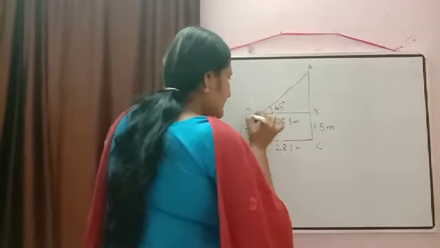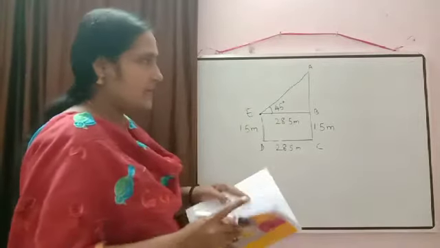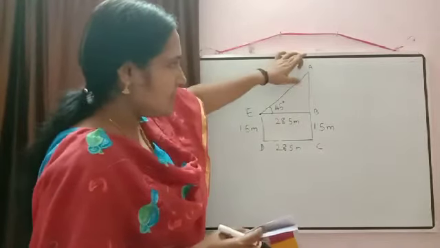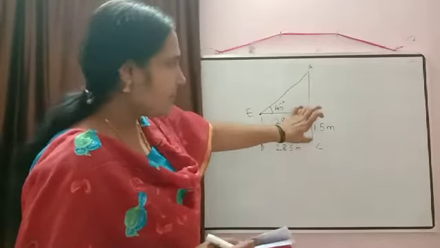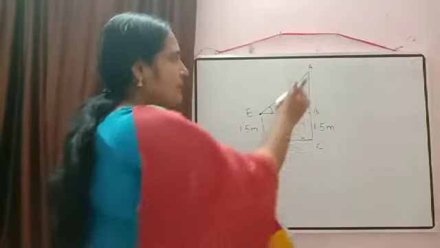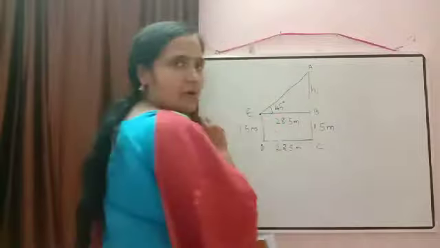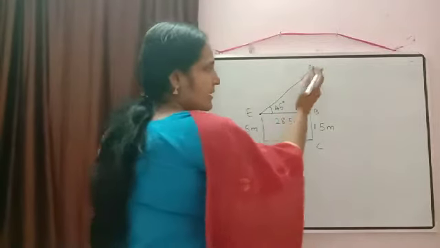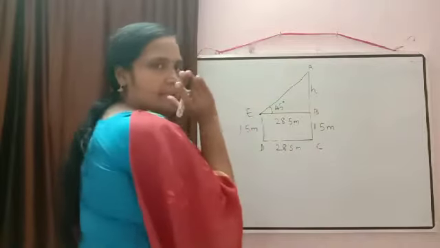So we can mark the points as A, B, C, D, E. So height of the chimney we have to calculate there. So height of the chimney means we want the height AB plus BC. BC already we wrote 1.5 meter. Now AB we can calculate there. So shall I take AB as H? Okay. Now just to check there, side opposite we have to calculate. Side adjacent is given.